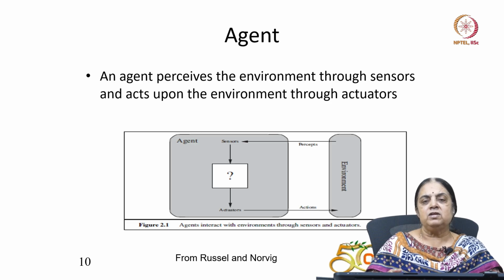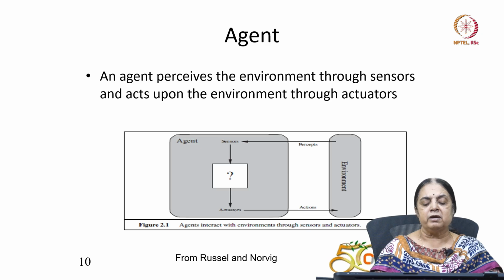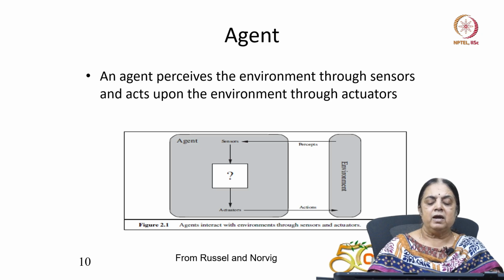Whenever there is a change in that environment, it senses that, and the agent will act upon the environment. So it will decide what action to take, and that action is carried out through the actuators, and an action is taken in the environment. So this is what you call an agent, basically.